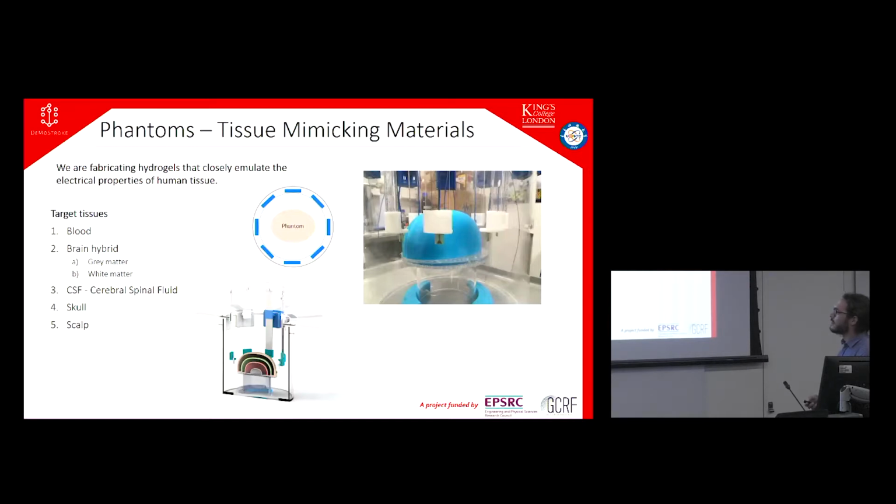There are several layers that we can disassemble and add different mimicking materials to. This is placed in the center of the tank, and as described earlier, we can move the antennas on the horizontal and the vertical plane, as well as rotate them around. This is a top view of the system.